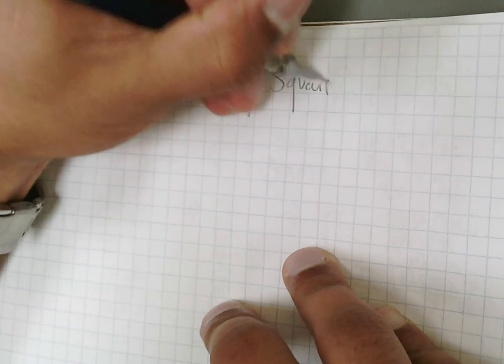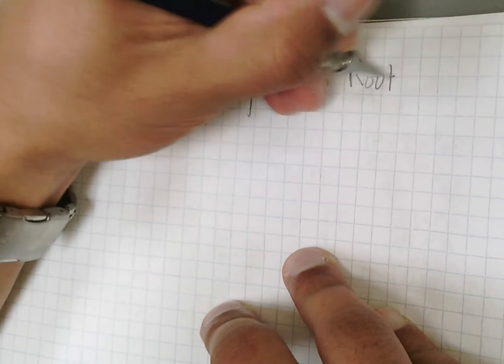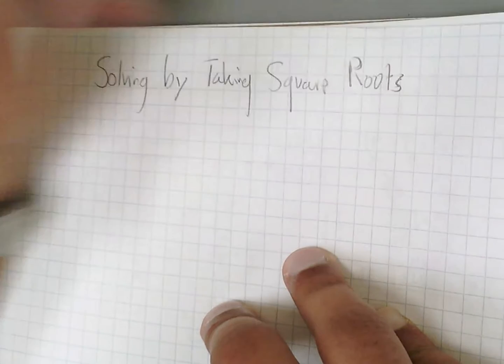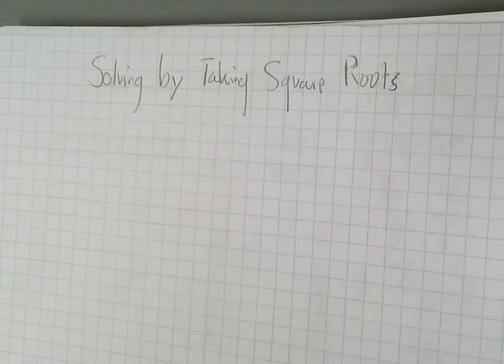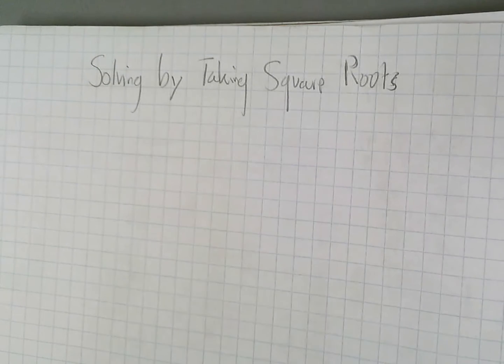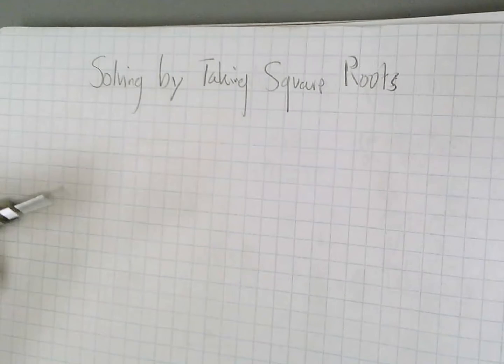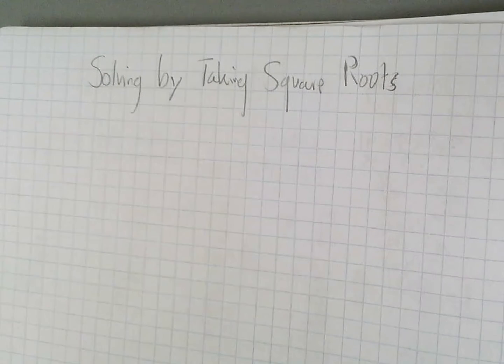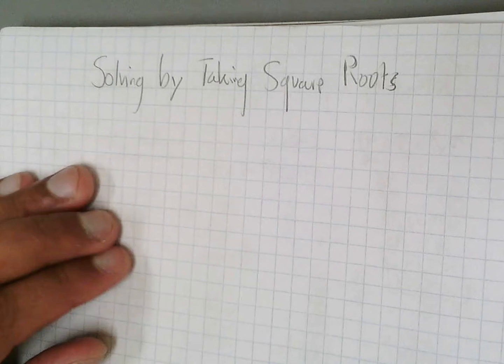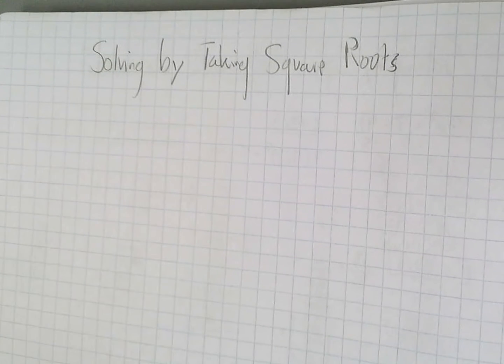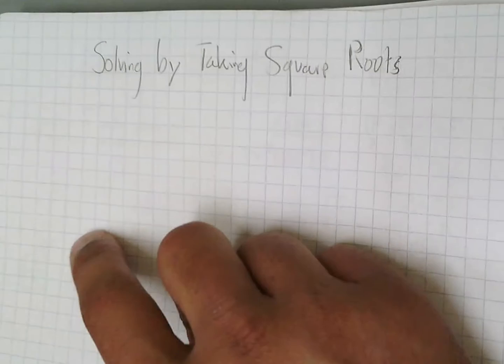I posted two other videos on simplifying radicals and rationalizing radicals. Those are just skills that help us take square roots. After we take square roots, we might have to simplify or rationalize a radical. But this is the key lesson. We want to be able to solve a quadratic, and the method today is by taking square roots.